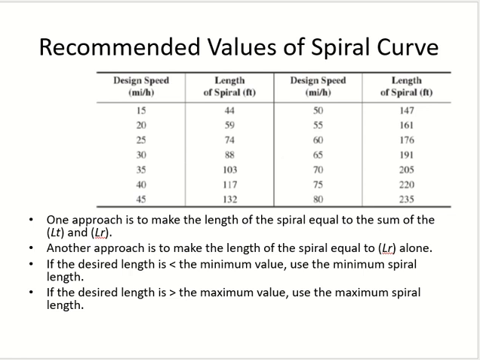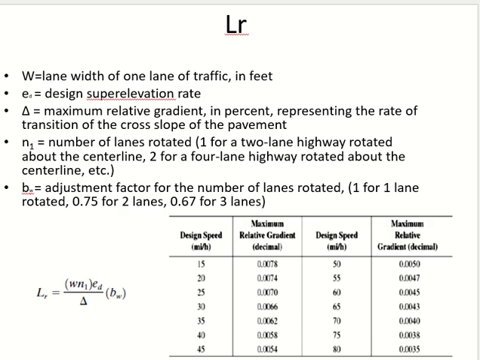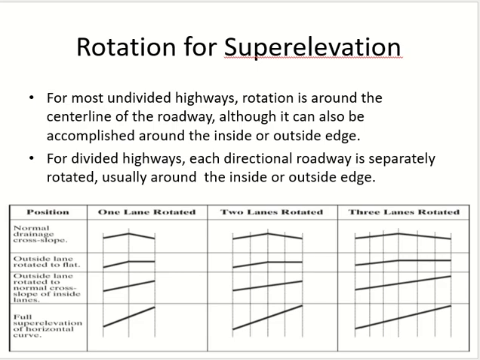Another option is the total length of super elevation. Pick that as the length of the spiral. Another option is not the total length of the super elevation, just the end part, which we call LR, the super elevation runoff.